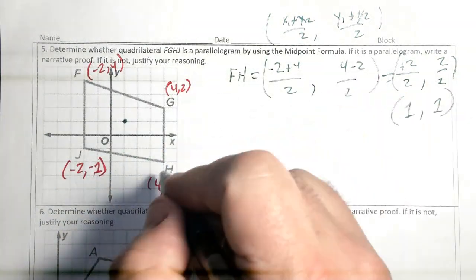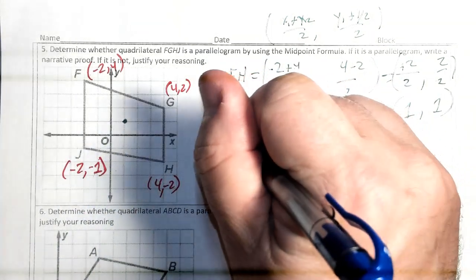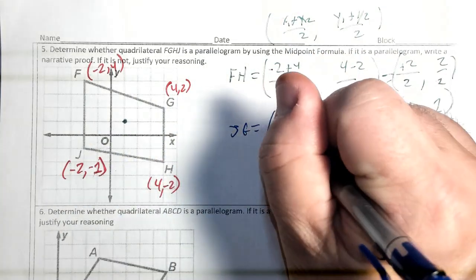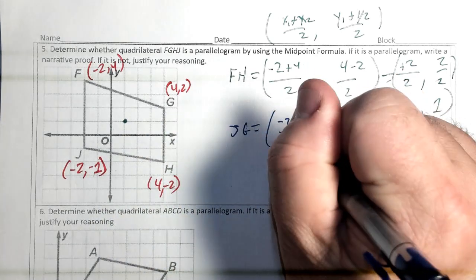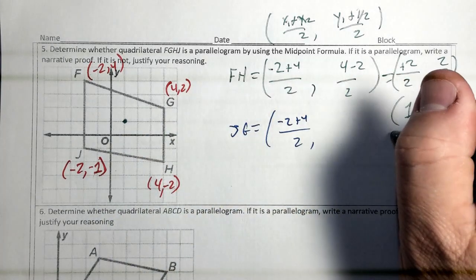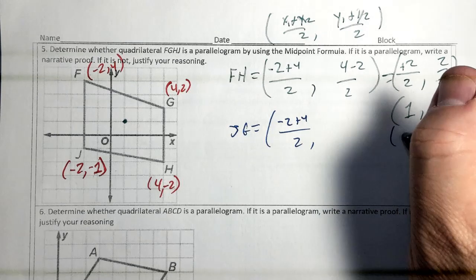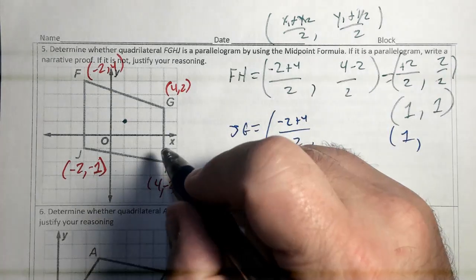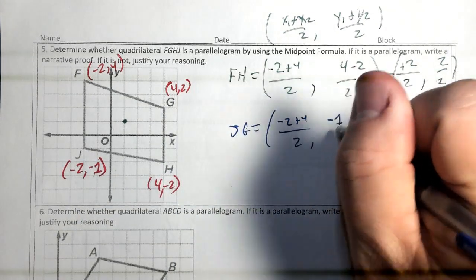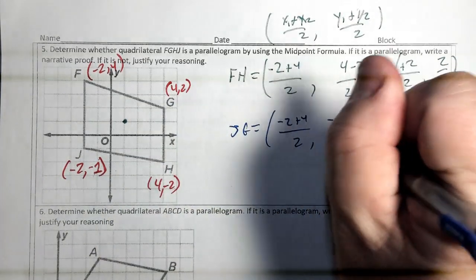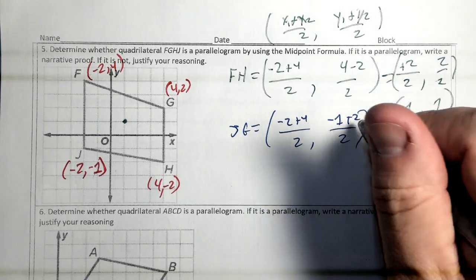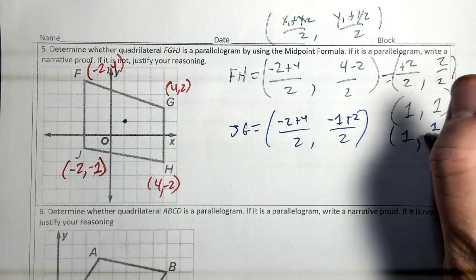All right, so let's do JG in blue. Our x's are negative 2, positive 4, so that looks the same: negative 2 and positive 4 make positive 2 over 2, which is 1. The other one, we got negative 1 plus 2, which is positive 1 over 2.